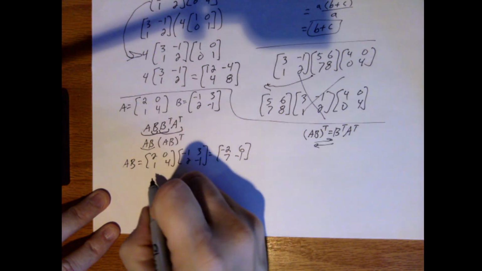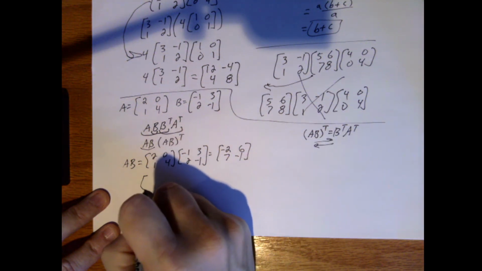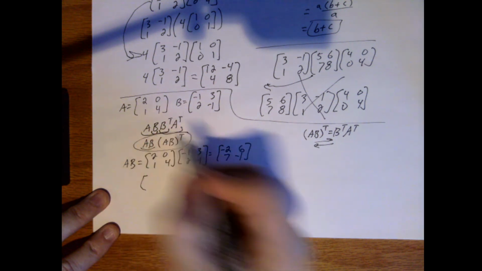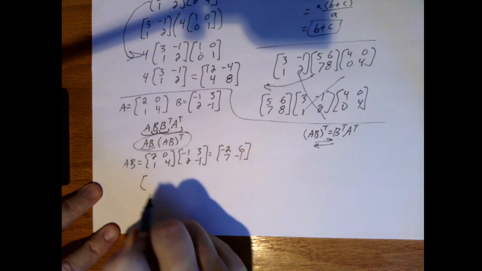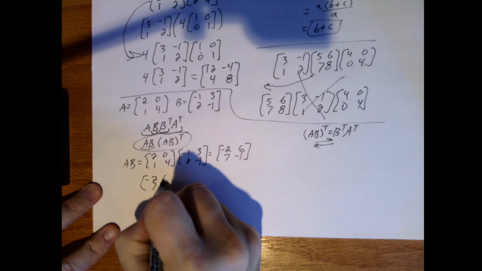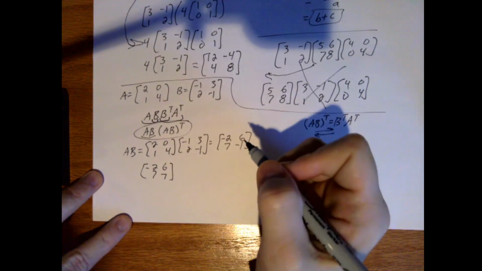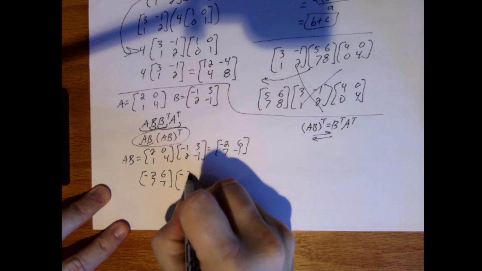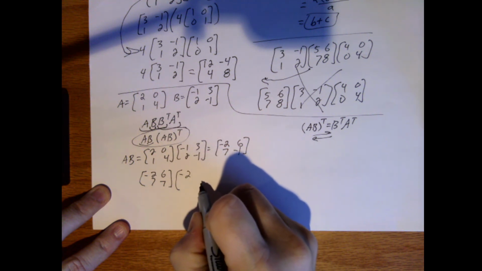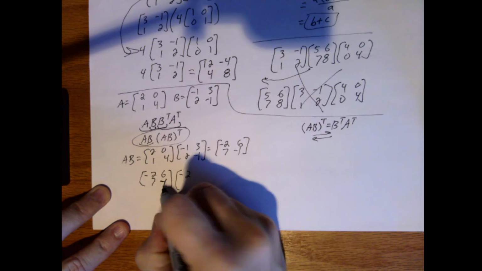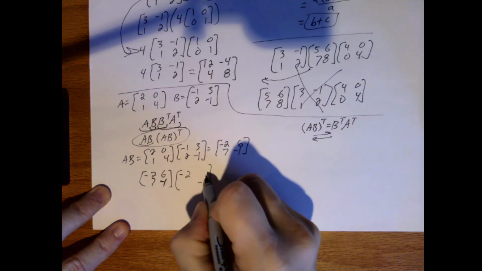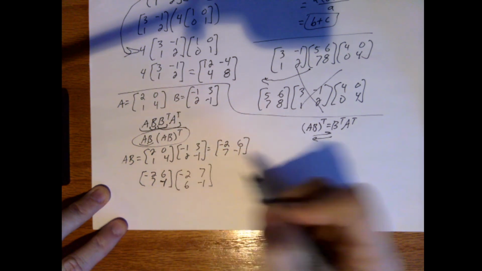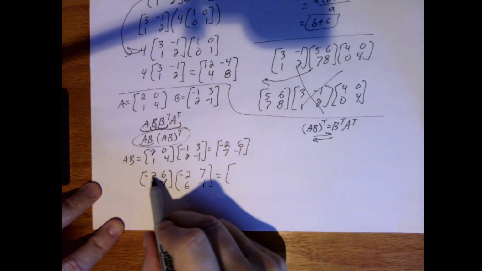And so that means now what I have is this. We're using this right here. So here's AB, which is my minus 2, 7, 6, minus 1. And this will be the transpose of AB. So minus 2 and 7, or excuse me, this is minus 1. Minus 1 is here, but now 7 is here and 6 is here. So now I produce the products.